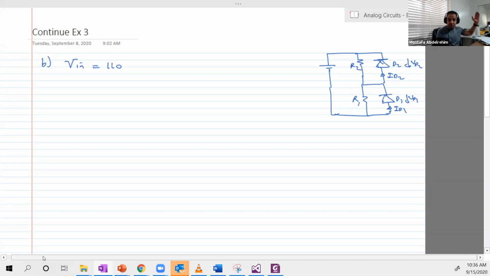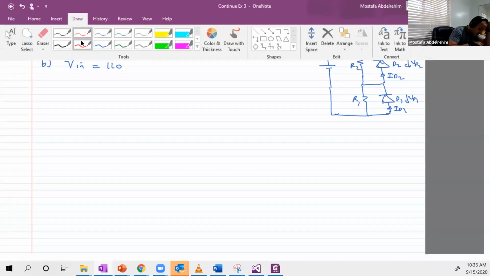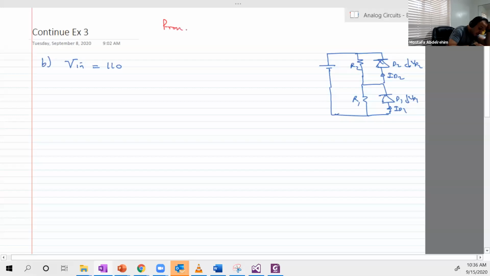In the previous example, when we increased the voltage to 110, D1 went to breakdown, but this will not happen here. Why? Basically because from A, let's write this in red, when V input is equal to 90, we found that VD1 is equal to minus 50 volts, VD2 is equal to minus 40 volts.